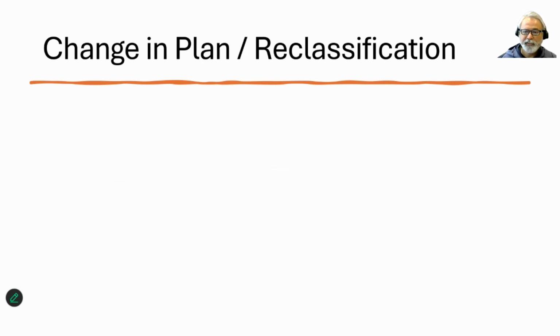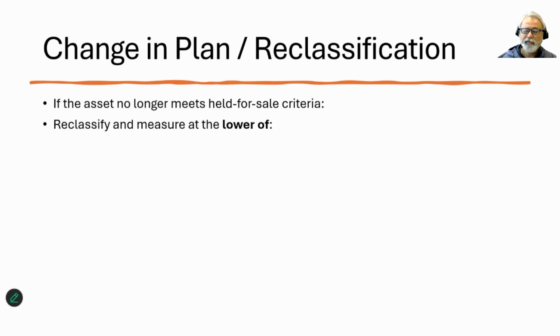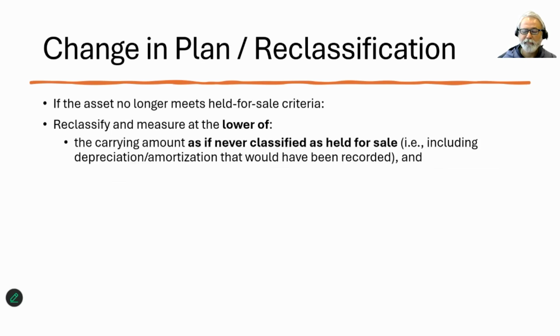What if there's a change in plan? If the asset no longer meets the held for sale criteria, well, then we need to bring it back into the fold of wherever it originally belonged, let's say property, plant, and equipment. We'll measure it at the lower of the carrying amount as if it was never classified as held for sale.